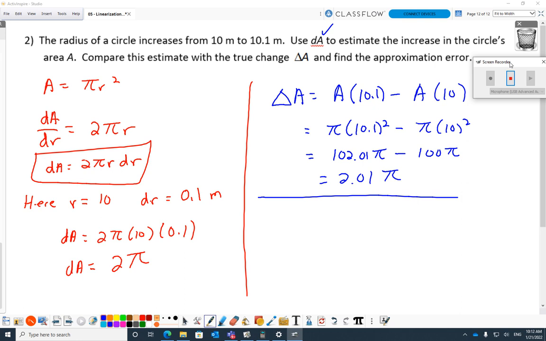Let's just find the approximation error. I don't know if I'm in any rush to make you find approximation errors, but approximation error is... I got to divide by something. And I want to talk about what to divide by here.